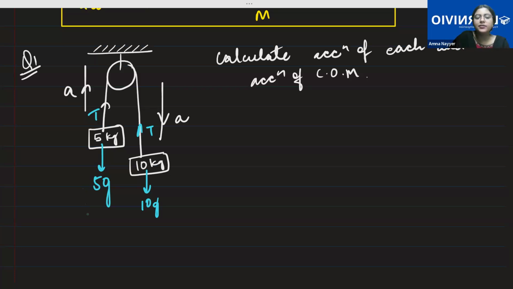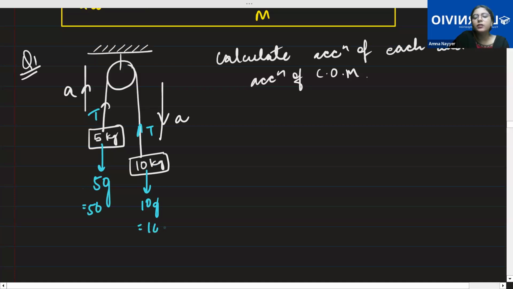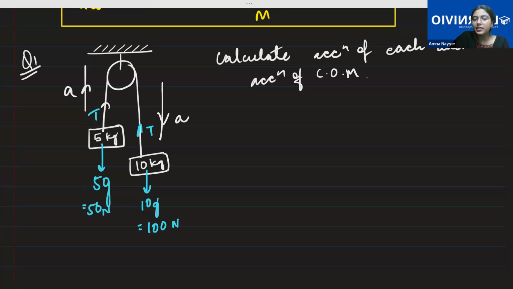You're right. This is 50 and this will be 100 Newton. Ma'am, why is it 100 Newton here?